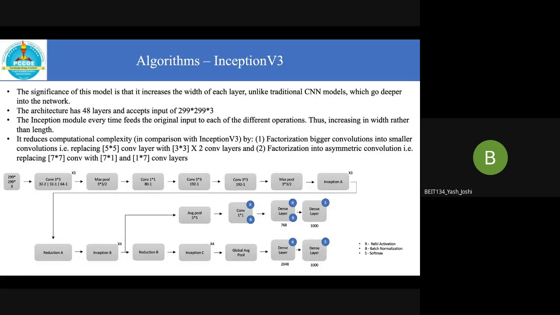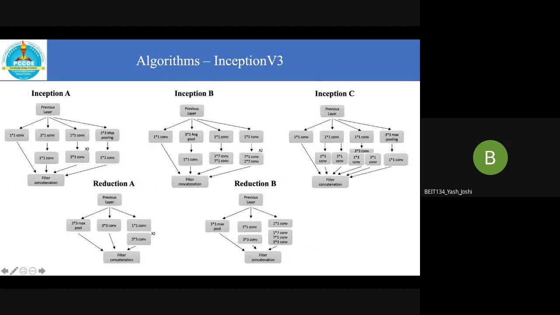So basically, our architecture starts with an input of 299 by 299 by 3, followed by some convolutional layers, and then as we can see over here, there is an inception A layer. As I mentioned earlier, it focuses on going wider instead of deeper, and the inception A layer is the best example of this. As you can see, the inception A layer has parallel convolutional operations, and then they are concatenated at the end.